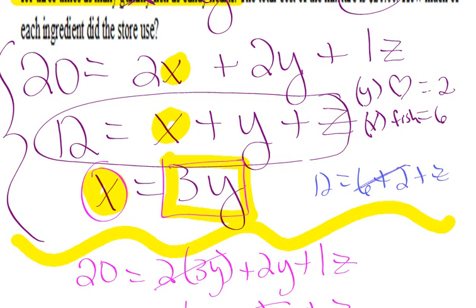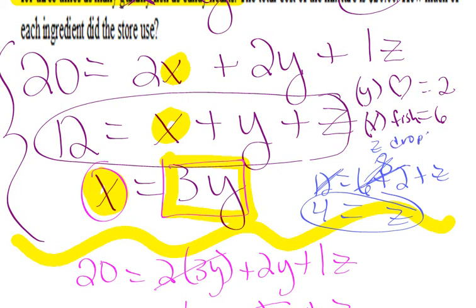Now 6 plus 2 is 8. Subtract 8 from each side, and you get a 4 over here. So z equals 4. And that's our last one. Z was the gumdrops, which is equal to 4.